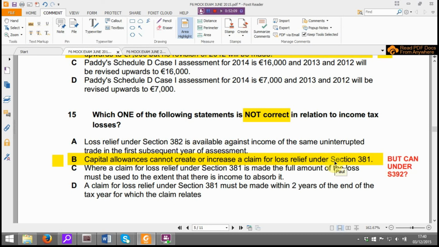Well, strictly speaking, it can, but you can under Section 392. In other words, you can simply take a case 1 loss, add in capital allowances, and use that loss as a Section 381 loss. So I'm not 100% clear on this question, to be honest with you. As I see it, it's tricky to make sense of it, because in effect you can take a loss under Section 381 and add a loss into it under Section 392.